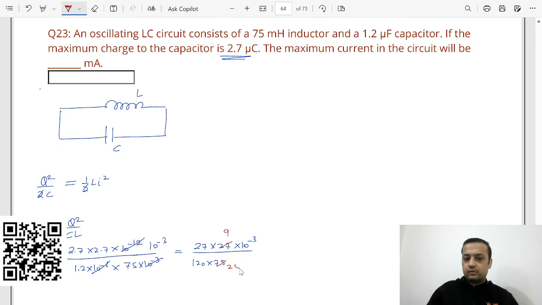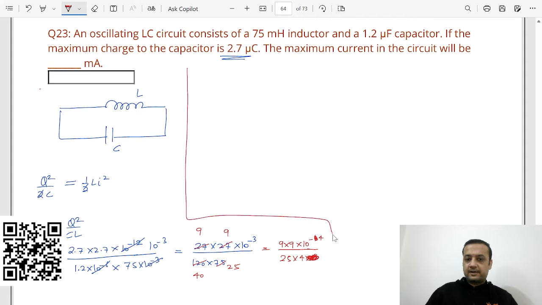This will become 3 into 25. This will become 3 into 9. This will become how much? 3 into 40. Okay, so we have 9 into 9 into 10 to the power minus 3 upon 25 into 4 into 10. This 10 you can take upwards, so this will become 10 to the power minus 4. So let me write here 10 to the power minus 4 and I will cancel this. Okay, this is the value of I square.